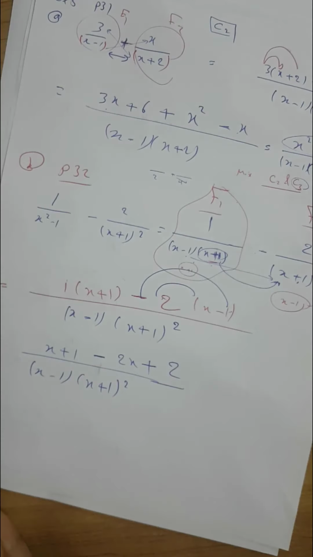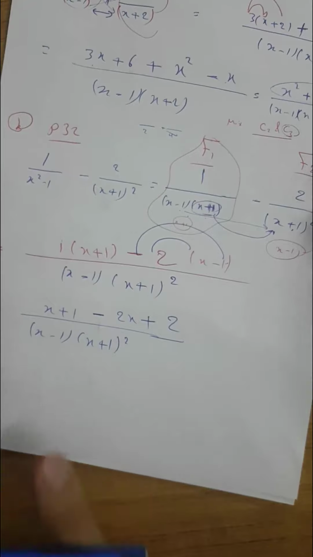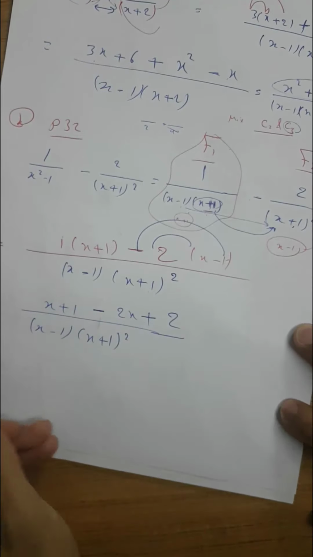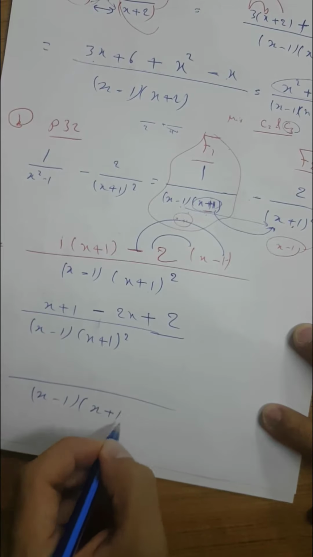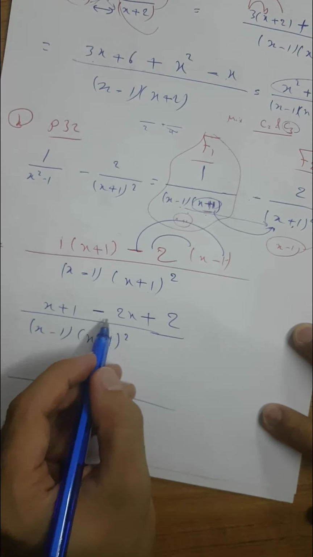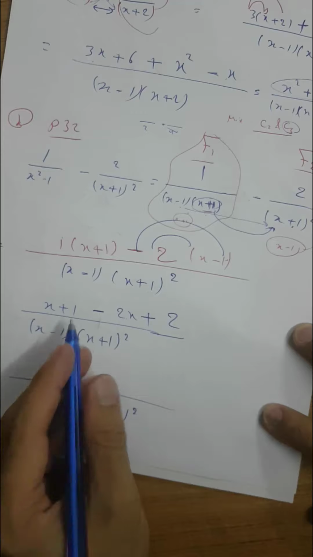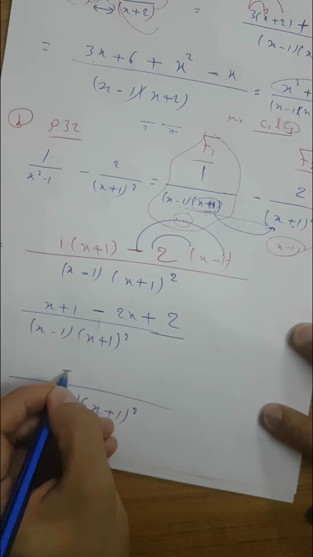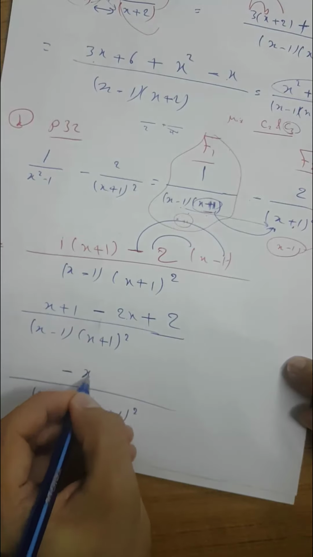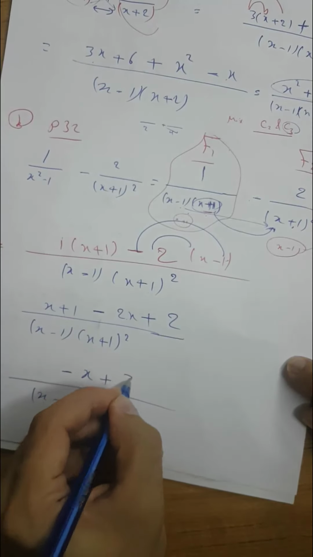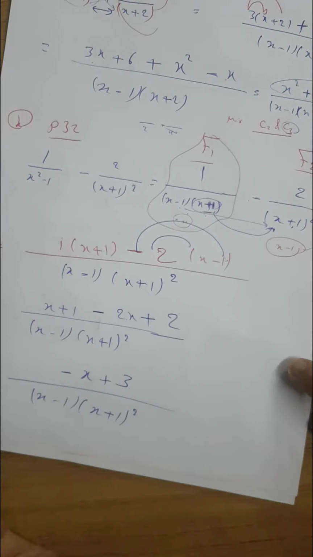I know I am very quick, but you have a recording so you can play it again and again. So now I have minus 2 with the 1 and 3. So I got minus x plus 3. That's all we have.